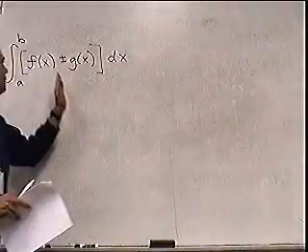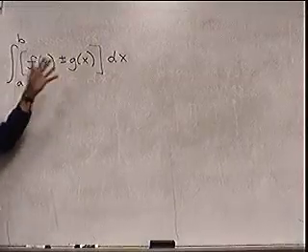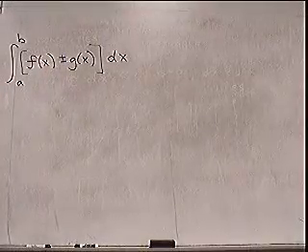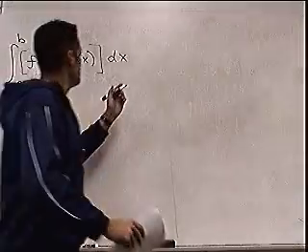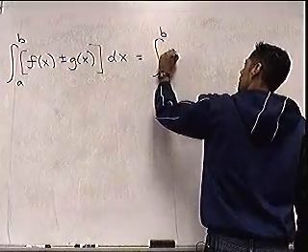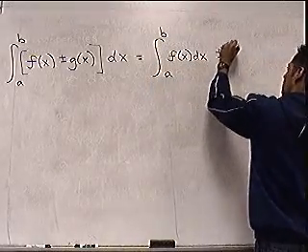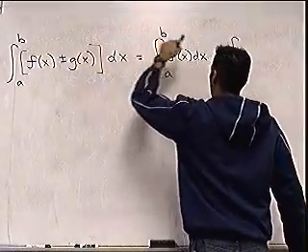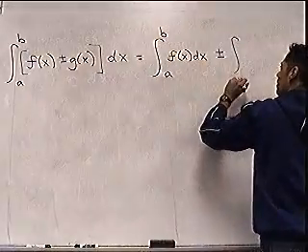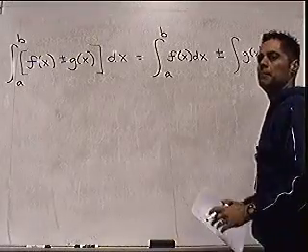So if I have two functions being added or subtracted together, and I'm trying to figure out the area underneath them, then I'm allowed to separate it into two definite integrals and then add or subtract depending on what was here. If it was addition, I add. If it was subtraction, I subtract g of x dx.